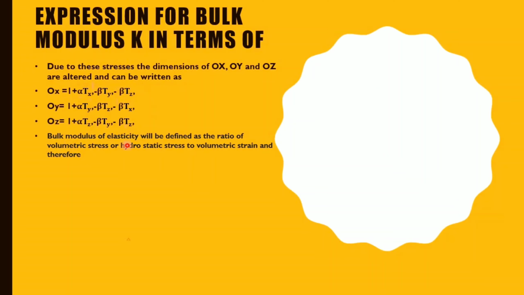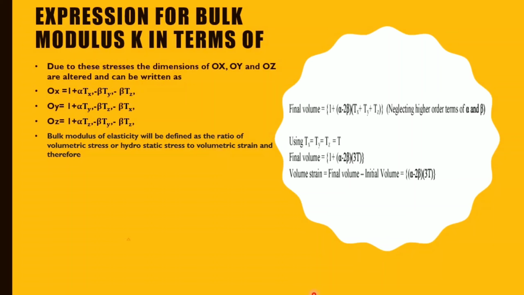Now bulk modulus of elasticity is defined as the ratio of volumetric stress or hydrostatic stress to volumetric strain. Therefore the final volume we get is 1 plus alpha minus 2 beta, with Tx plus Ty plus Tz common.